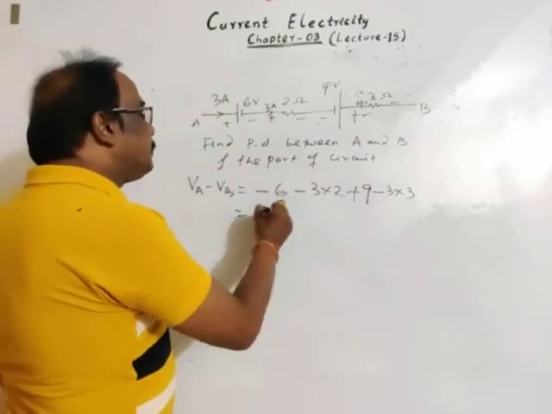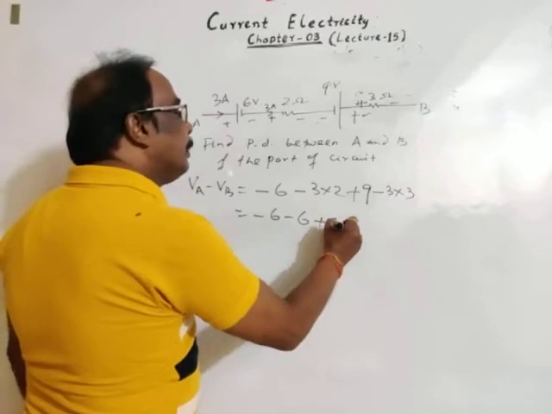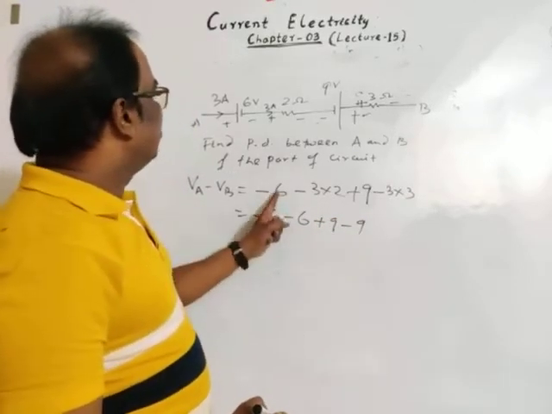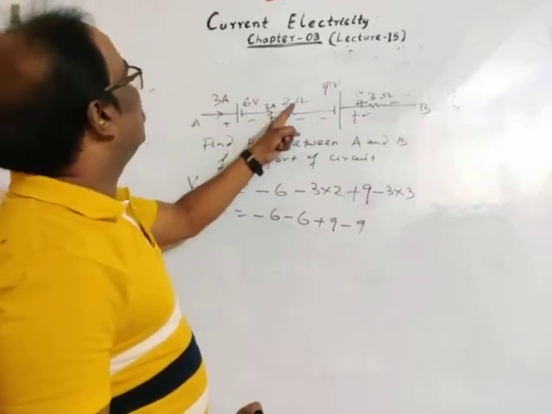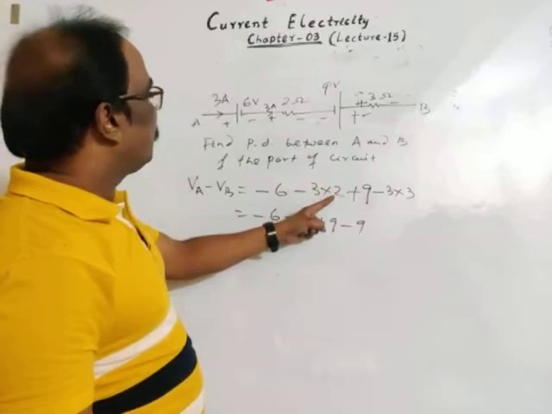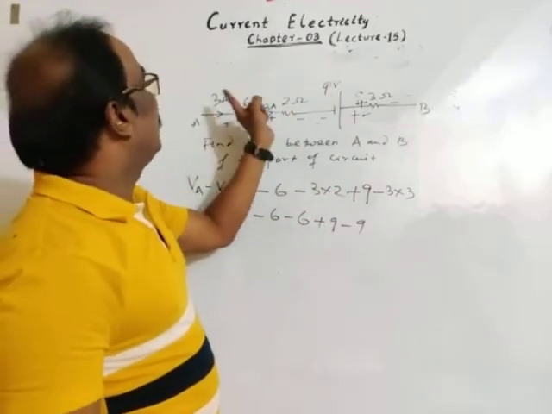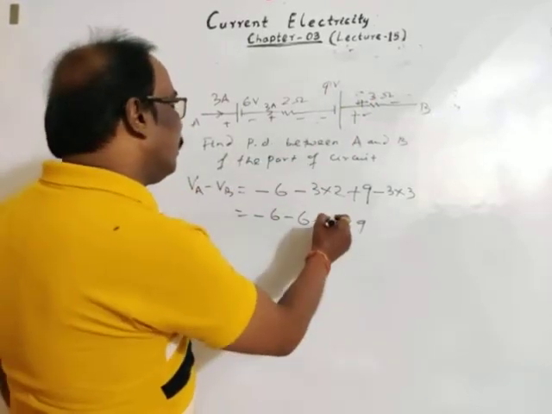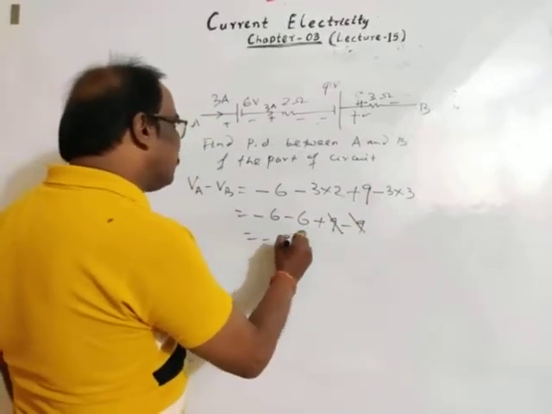Then VA minus VB is minus 6, minus 3 into 2, which is minus 6, plus 9, minus 3 into 3, which is 9. The 9s get cancelled, then this is minus 2 volt.